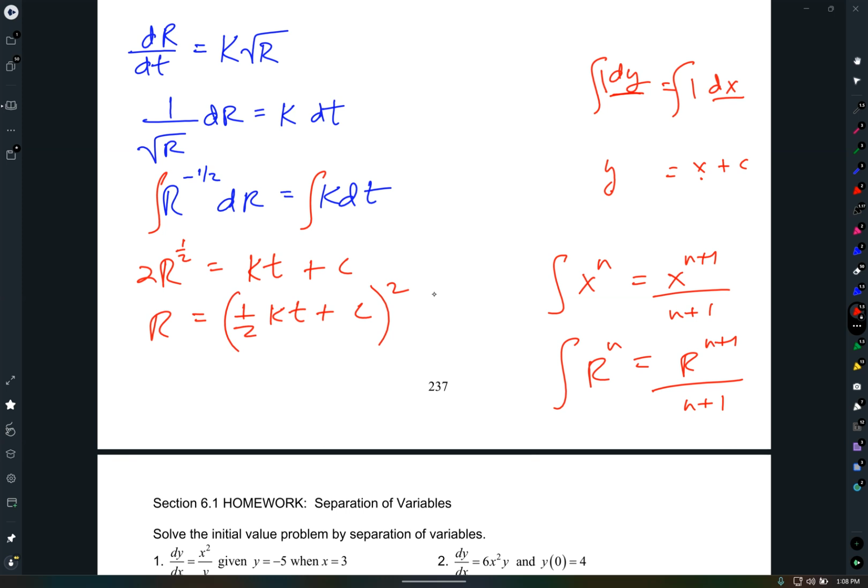Would you keep the square of the whole thing? Yeah, because, just like square roots, you can't square each one separately. Like if I have x plus 3 squared, I cannot say x squared plus 9. I can't do them separately, so you just leave it as the whole thing.